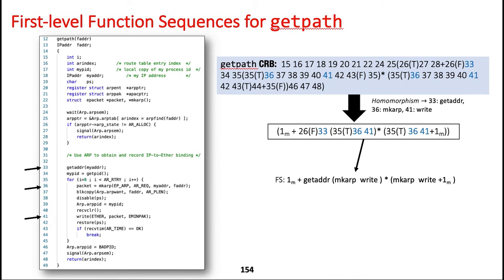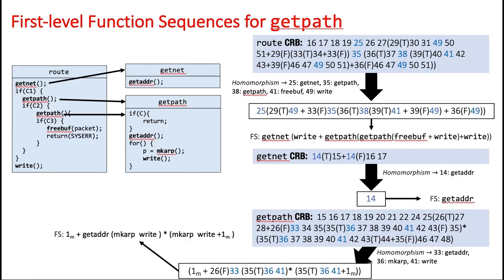Then we get the first level function sequence for getPath, and it has getAddr, makeArp, write, and we already know the algebraic expressions for the multi-level function sequences for them. So we are going to substitute those to get the multi-level function sequence for getPath.